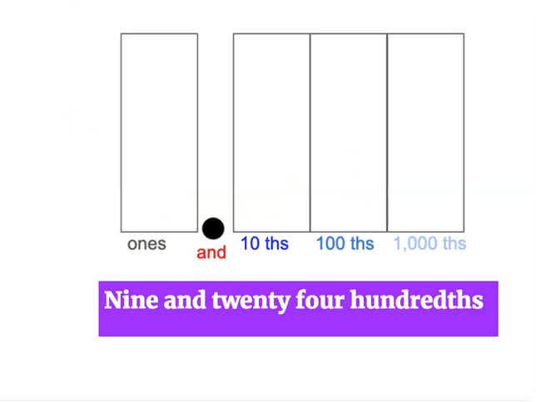All right, for the next problem, and remember, this is not in a green box, so just pay attention. We have 9 and 24 hundredths. Remember, 4 hundredths, that's going to tell us where our last number is going to go. 4 in the hundredths place. Decimal, tenths, hundredths.